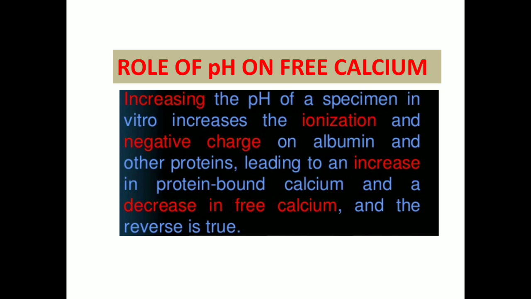So more calcium from the binding sites will now be released, so the amount of free calcium will increase. So the bottom line is, if the sample becomes alkaline, pH increases, then free calcium level will decrease, and if it becomes acidic, then free calcium level will increase. But in both cases, total calcium obviously does not change.